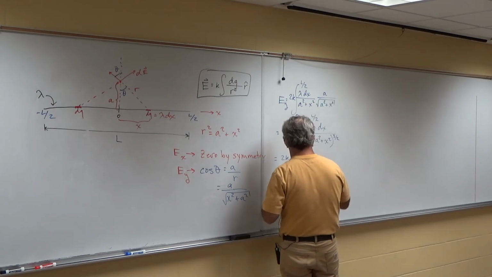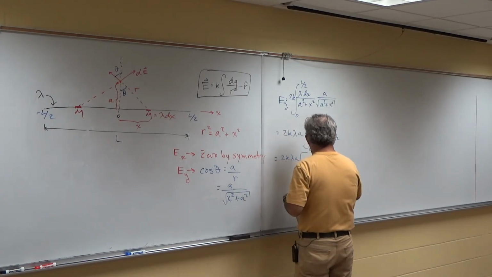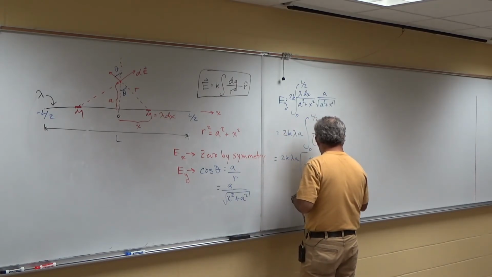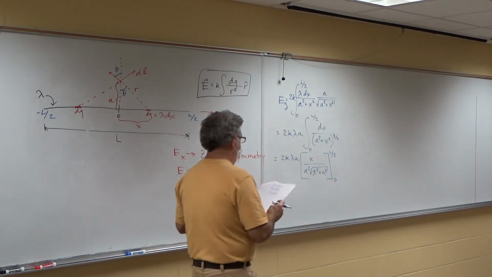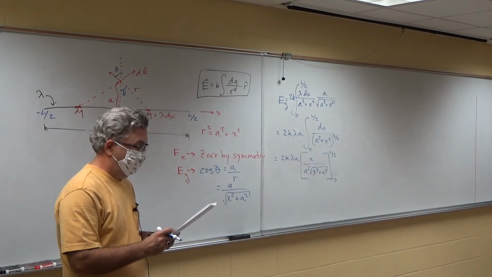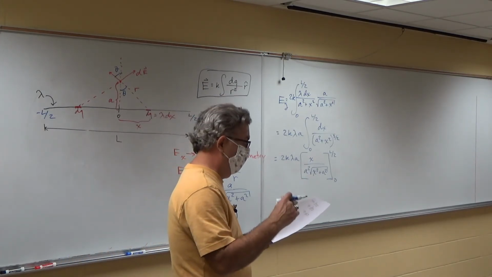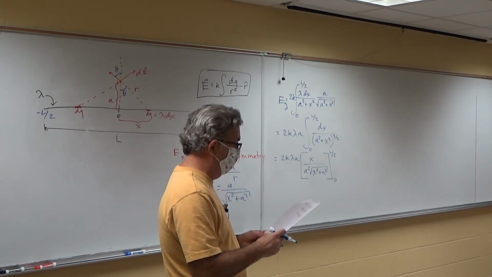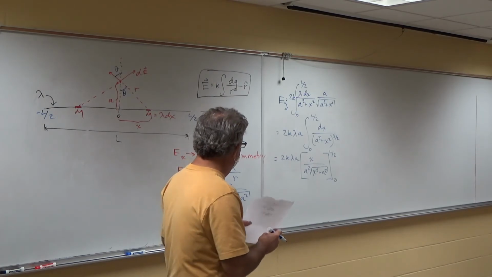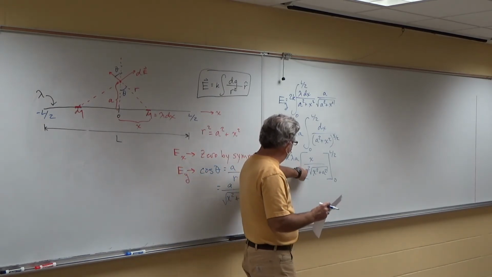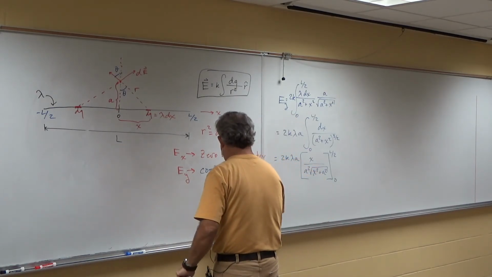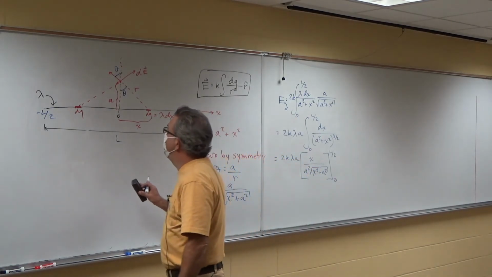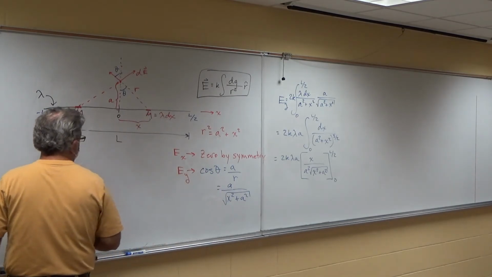So I'm swapping these, evaluated from 0 to L over 2. That's what I have. Then I changed them again for some reason. Okay, all right, so one of the a's cancels here. Then you plug in the upper and lower limits. And I'm going to write that over here.